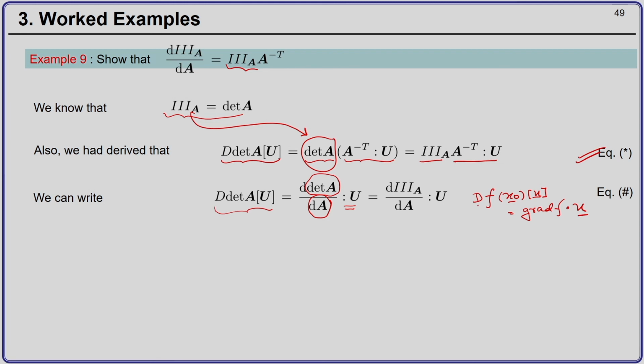So, you can write the directional derivative of a scalar function field evaluated at x0 in the direction u as gradient of f evaluated at x0 dotted with u.